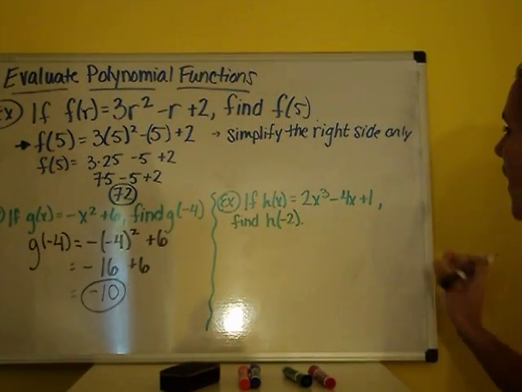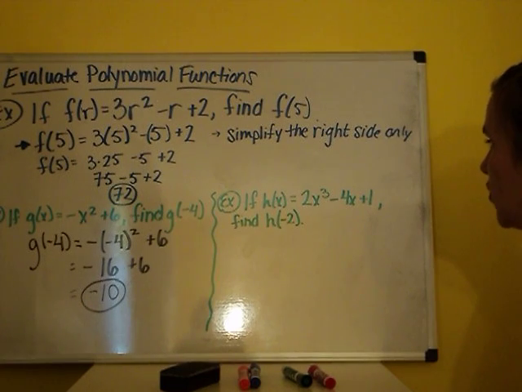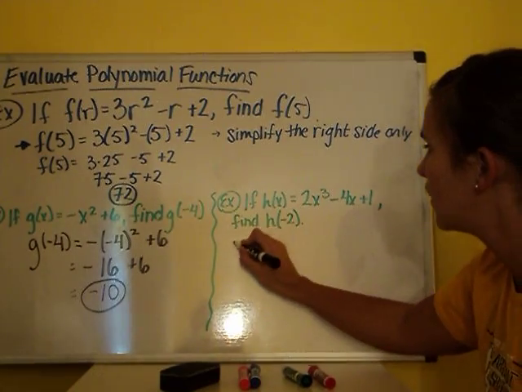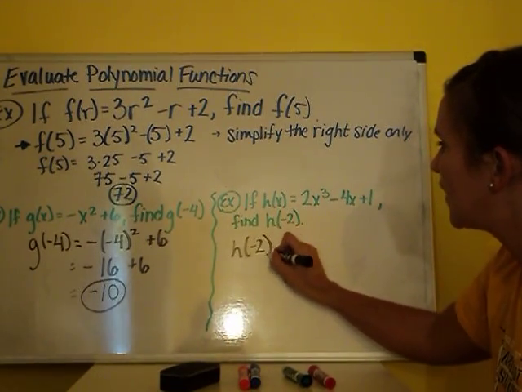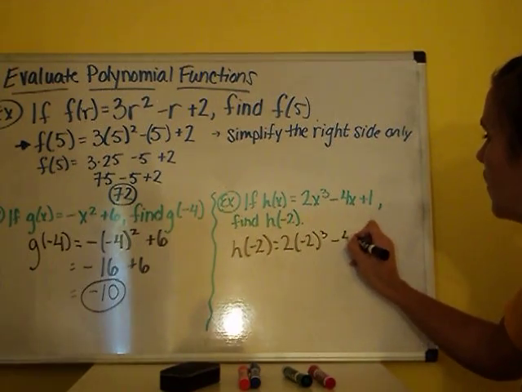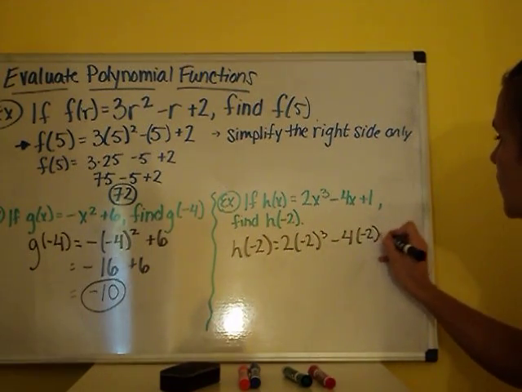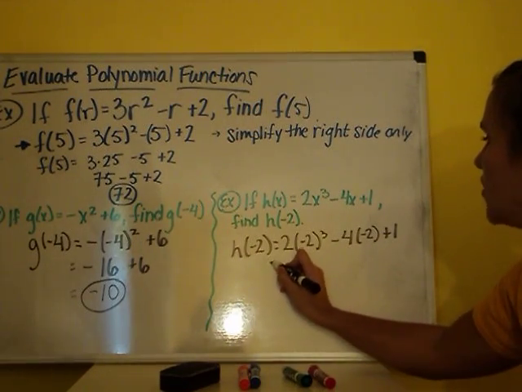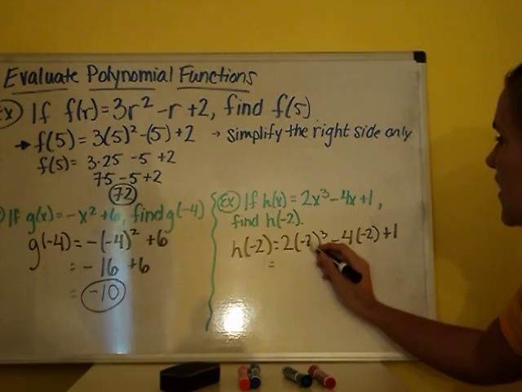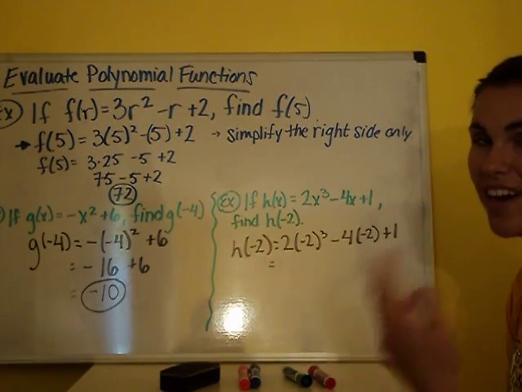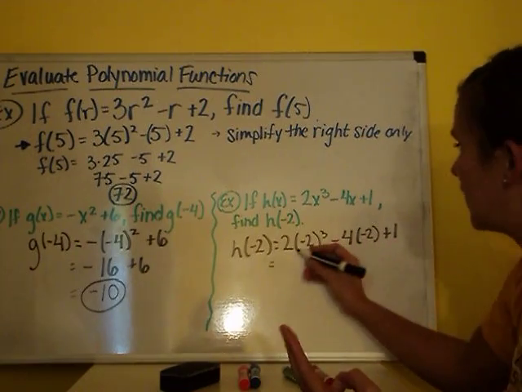Over here we have h of x equals 2x cubed minus 4x plus 1. Find h of negative 2. So wherever I see an x, I'm going to plug in a negative 2. So I will have 2 times negative 2 cubed minus 4 times negative 2 plus 1. Order of operations, I want to deal with exponents first. Negative 2 cubed. Negative 2 times negative 2 is positive 4 times negative 2 is negative 8.